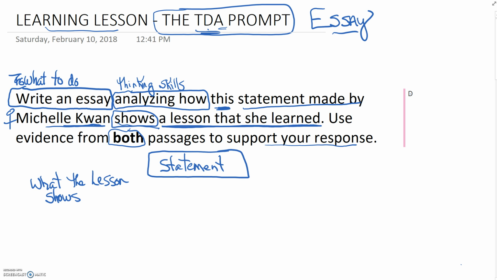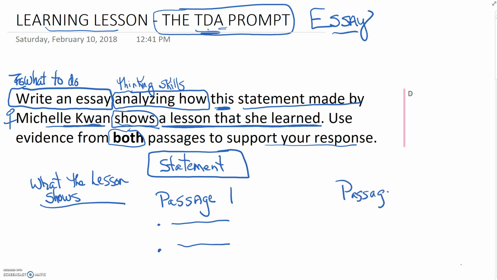Use evidence from both passages, and those passages have to be from passage 1. And then I'm going to write any statements from passage 1. But then I'm going to, in my head, be thinking, I've also got to put passage 2 and any statements.